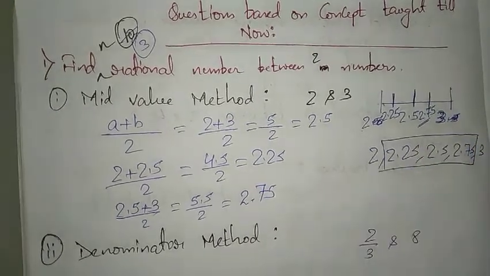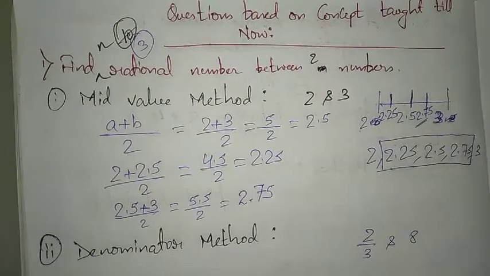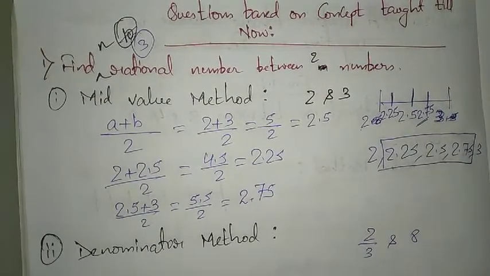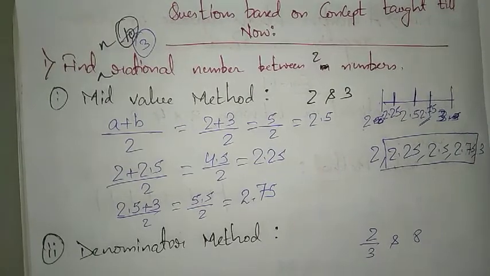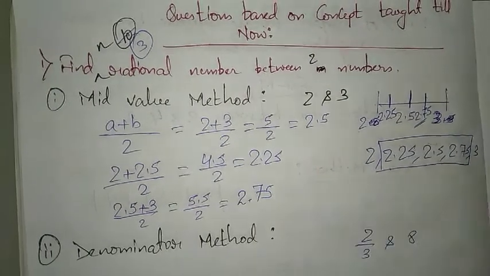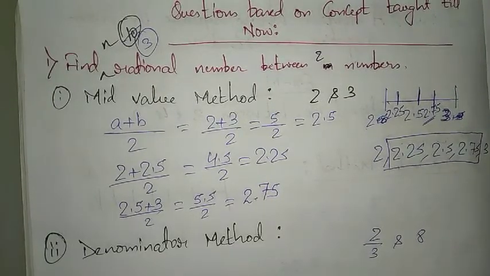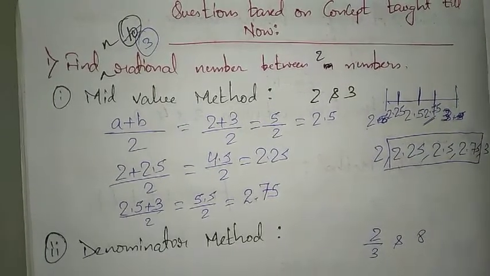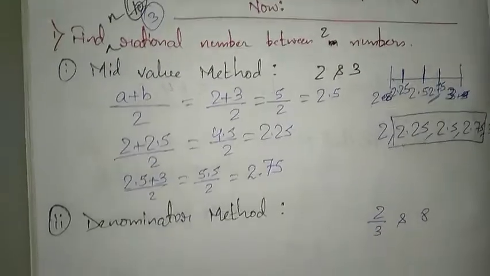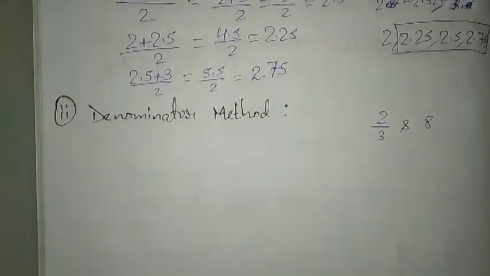Okay, done. So let's get over to the denominator method. Okay, before going to the denominator method, this was a very easy question. So let's go to a question where they will be asking you to find 5 rational numbers between two numbers. So I have taken one such question over here.